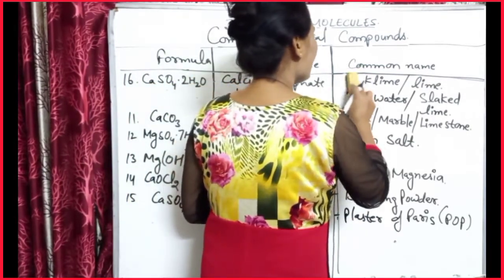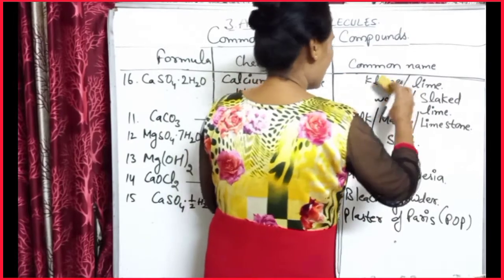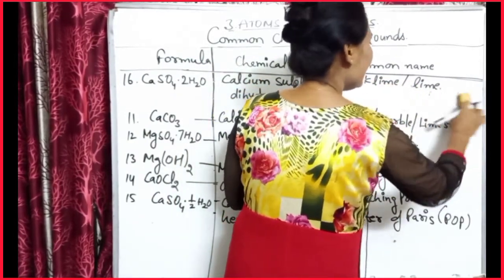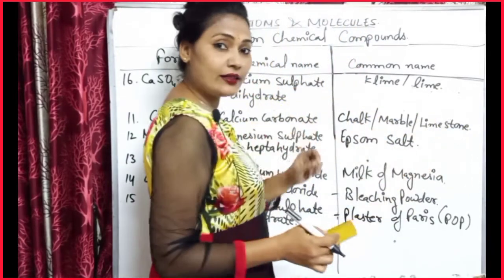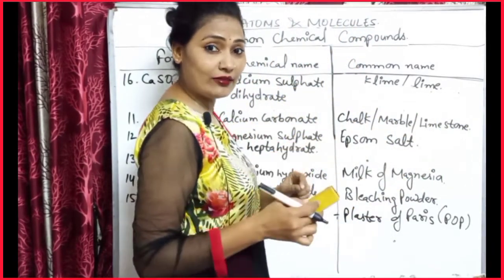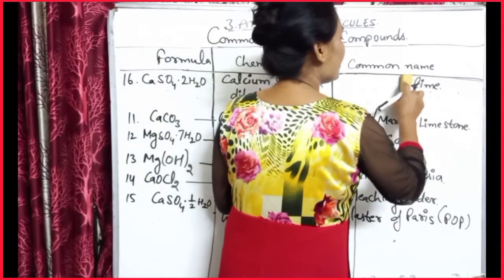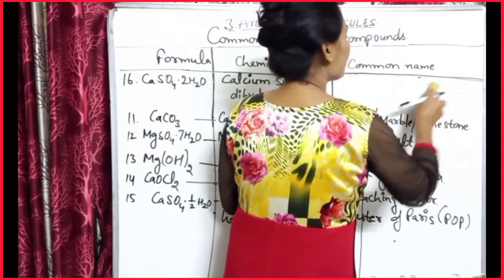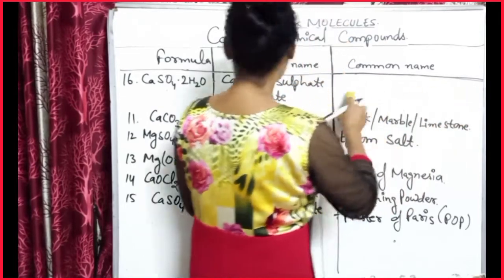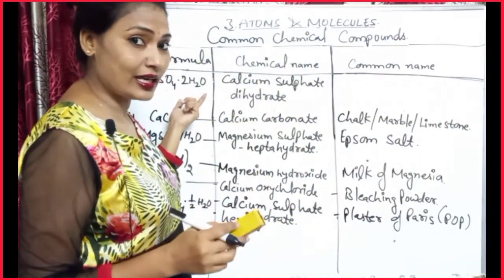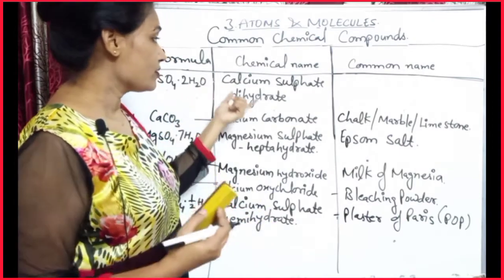Its common name is gypsum. How is gypsum formed? If we heat the gypsum at the temperature 373 Kelvin, then we will get POP.